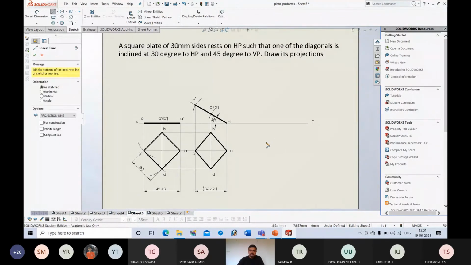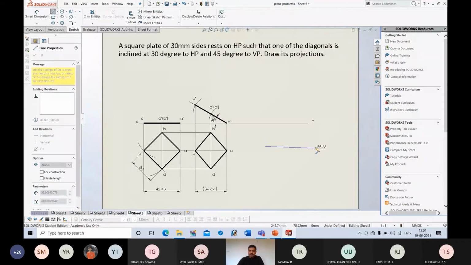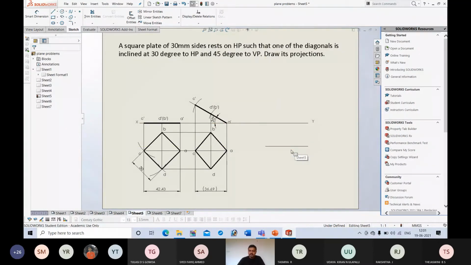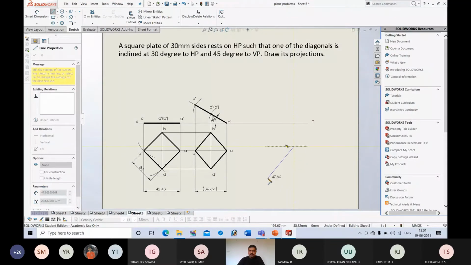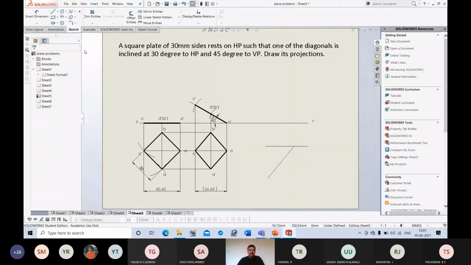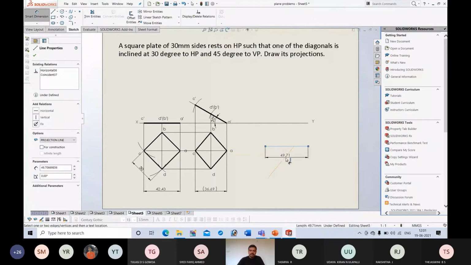First, draw a line. Okay, so you can start from xy also, no problem, or you can draw a line parallel to xy and you can start from there. Okay, I will draw a line parallel to xy. Then first you know true angle, true inclination and true length. Okay, first draw a line, inclined line, true inclination and to true length. Okay, true inclination is 45 degree.